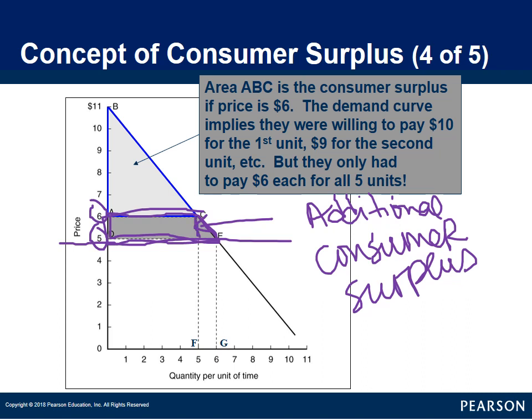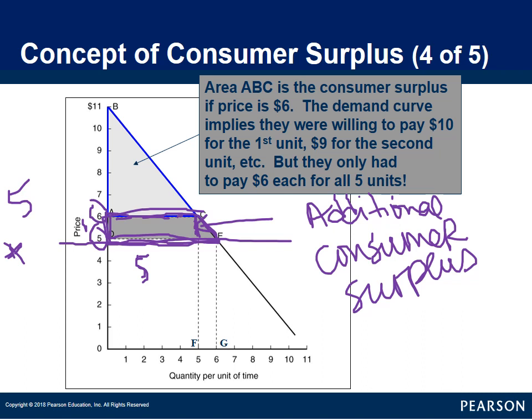shaded area. How we're going to do that: first we'll find the area of this rectangle, and then we'll find the area of the small triangle. Going across here, we have 5 units times 1 unit, so that's 5. That's our first surplus, which is $5.